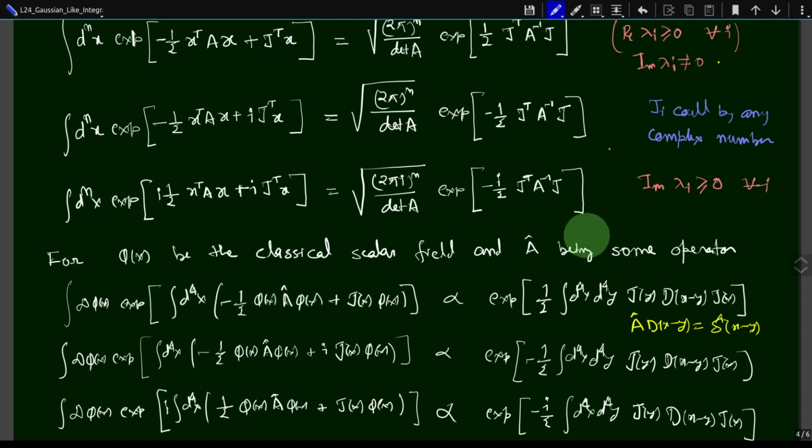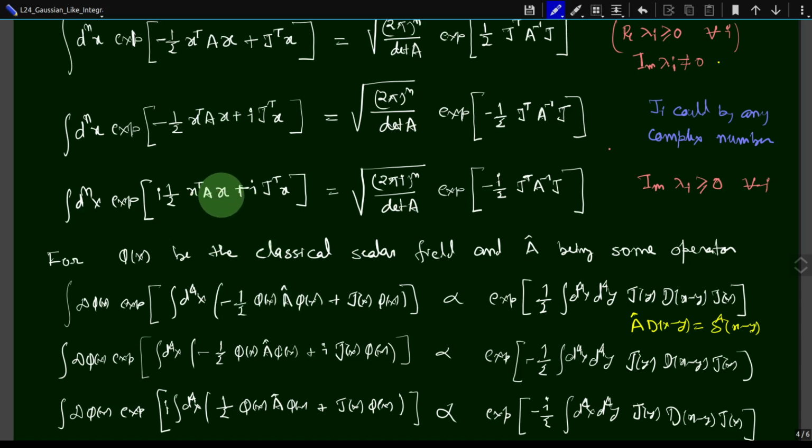So the corresponding Gaussian integral is the integral over all possible values of phi of x, because phi of x is a variable, and exponential of d4x. The d4x acts much like the summation over i. So phi of x multiplied by some operator A acting on phi of x.